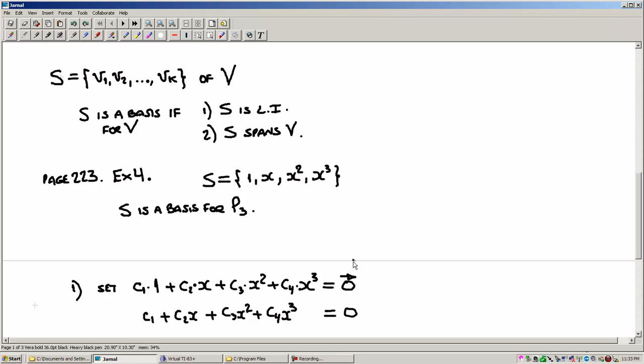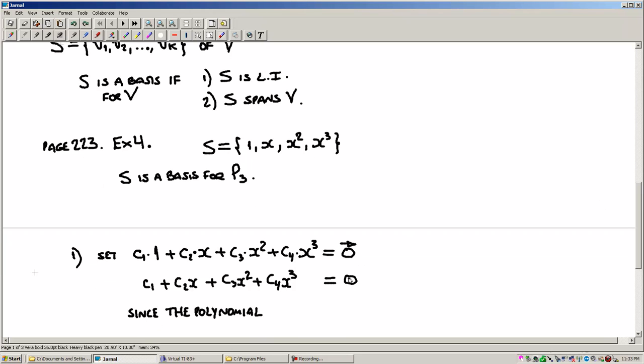Now it turns out that the 0 vector in P3 is the polynomial 0, okay? It's the polynomial that is identically equal to 0. So let's go ahead and put 0 here. So that means I get this linear combination, which looks like a regular polynomial of degree 3, equal to 0.